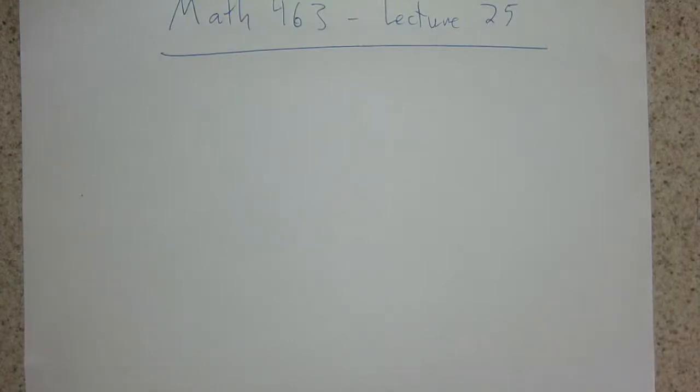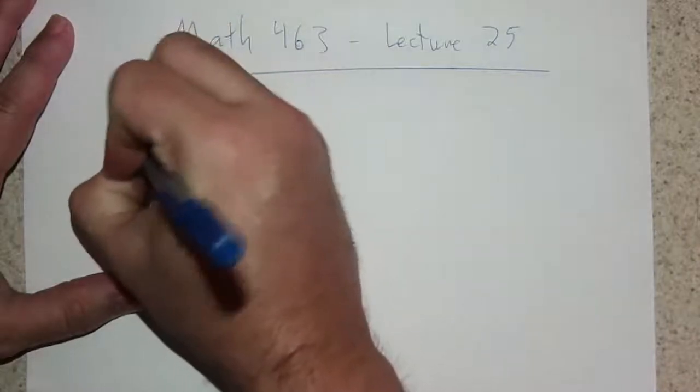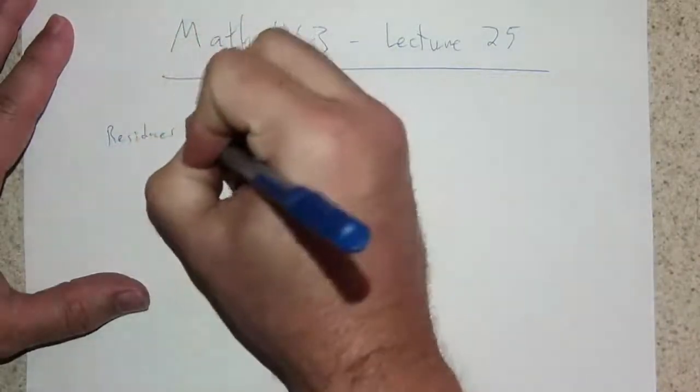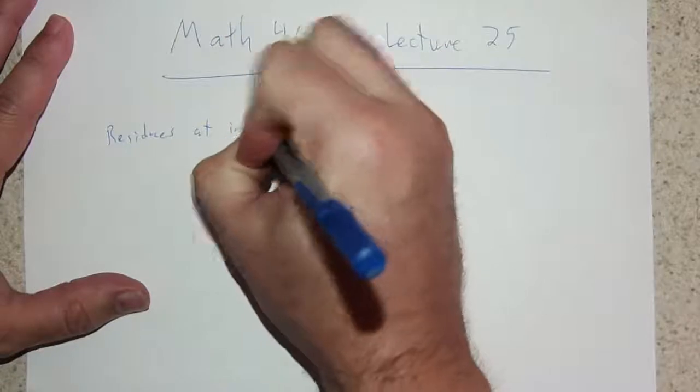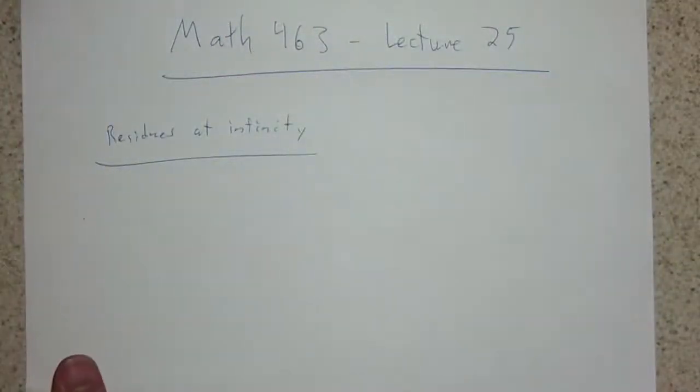But in order to do that, I need to talk about residues at infinity. This is related to the notion of a singular point at infinity that we talked about, and a residue at infinity is necessarily related to that.